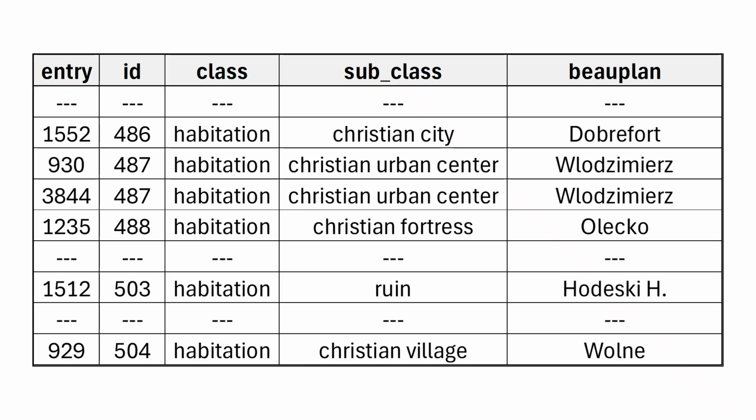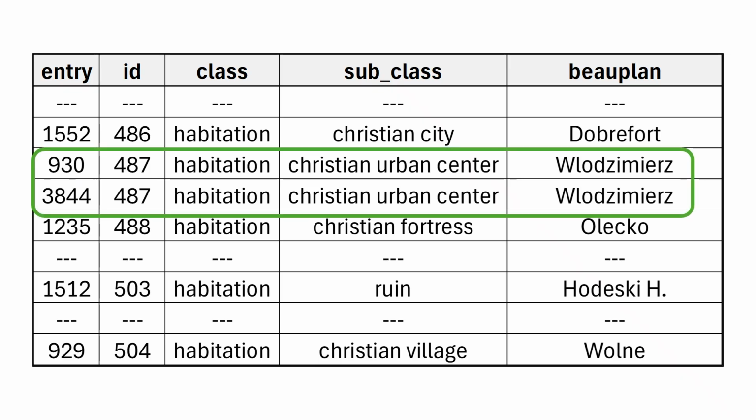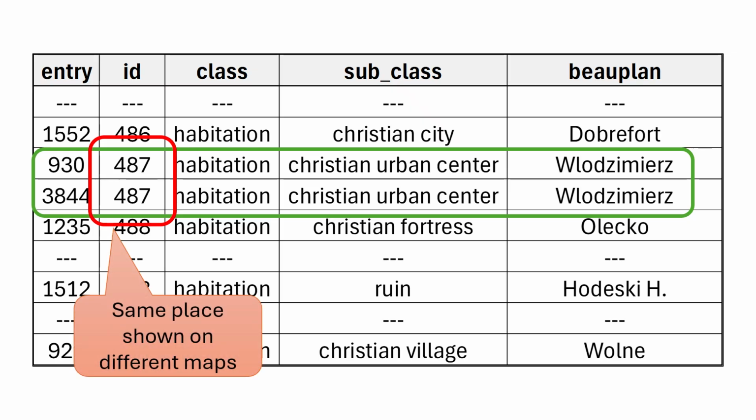Here is a section of an input file which shows 2 entries that have the same ID values. These are the same place shown on different maps. But we only want the place to be counted once when creating a heat map.